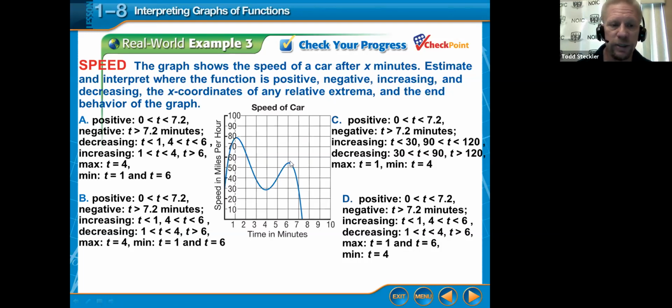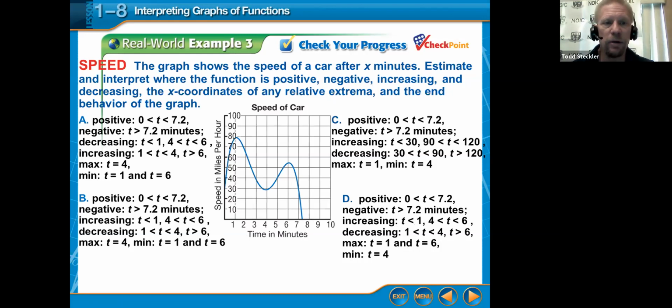So that's increasing. Answer choice B says 4 is less than t, which is less than 6. That's true. Letter D also says that. Now from 6 on, and we don't know, t greater than 6 looks like it's decreasing. Both answer choices say that. So it's still between B and D.